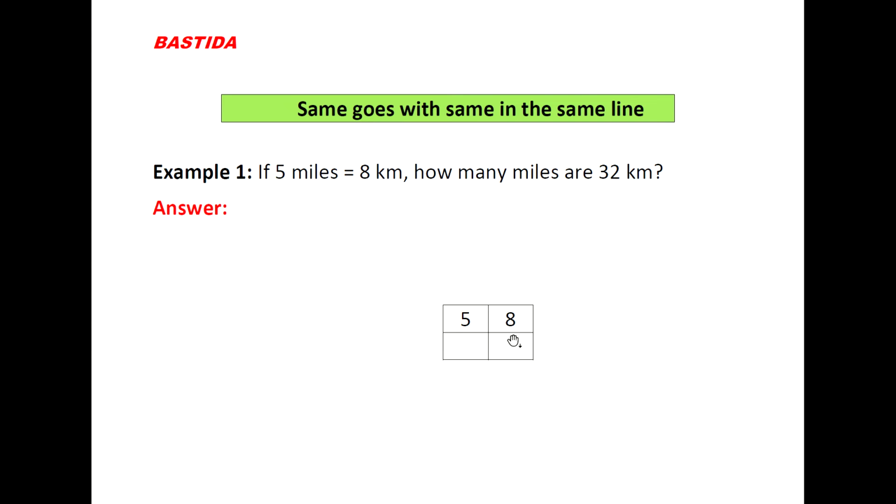So once we have these two numbers here, 32 is fixed. The position of 32 is fixed because 8 and 32 are same because they have the same unit. So they have to go in the same line, and the only place free now is this cell here. So 32 will go here, under 8.